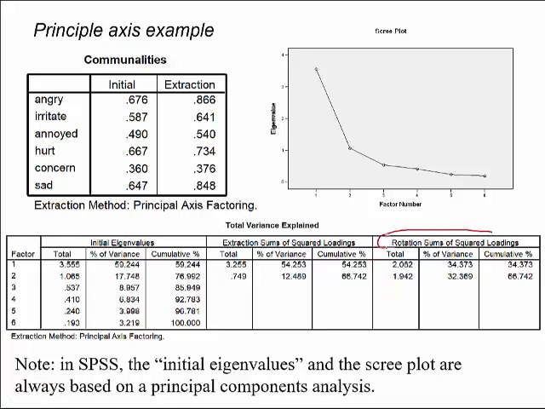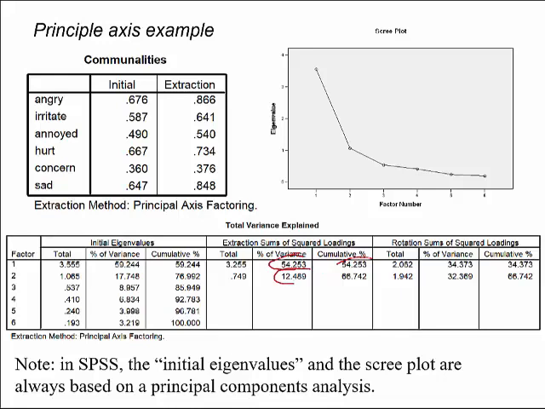And then over here, I have the rotated sums of squares. We can see again, I must have done this based on an orthogonal rotation, because the total percent of variance explained for rotated is the same as the unrotated solution. The key difference is that with the unrotated solution, our two factors explain fairly different amounts of variance.